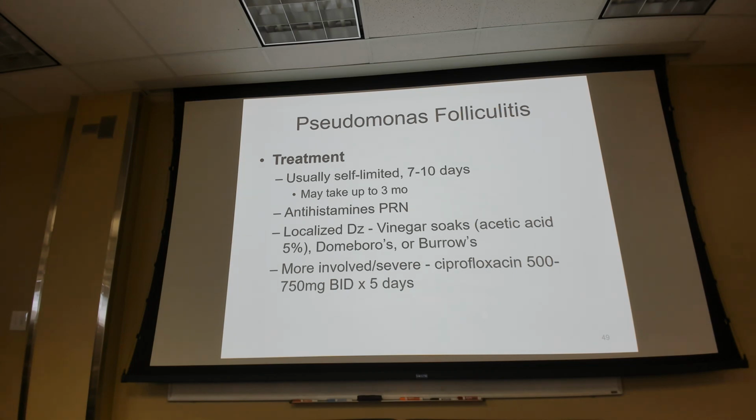We could do antihistamines as needed. If it's localized, so it's on 1 foot or it's somewhere, vinegar soaks, acetic acid. So if they were in the hot tub, give them some acid or something, okay? If it is more involved, if it's more severe, if it's widespread, then yes, we're going to use Cipro twice a day for 5 days.